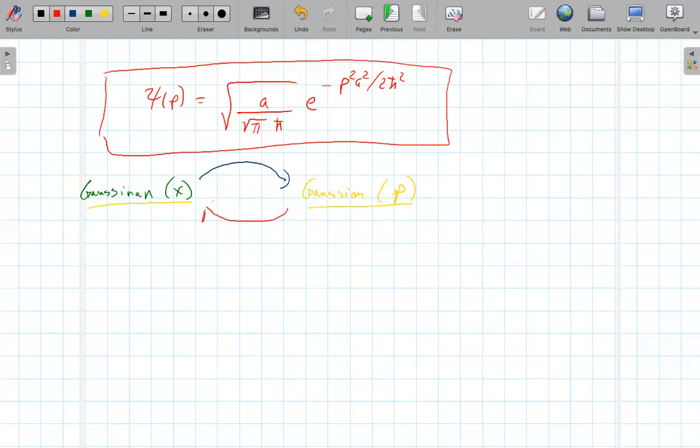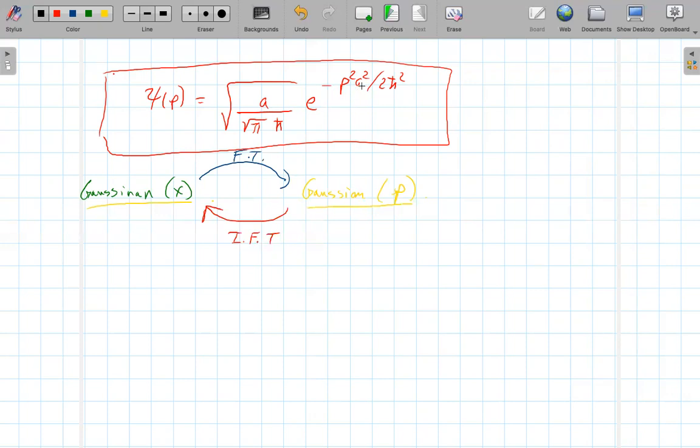If we did the inverse Fourier transform going from momentum space to position space, we would still have also a Gaussian. So the Fourier transform of a Gaussian or the inverse Fourier transform of the Gaussian is still a Gaussian. But notice what happened is the a squared went from the bottom to the top, which means that a is going to control the width slightly differently now, right?